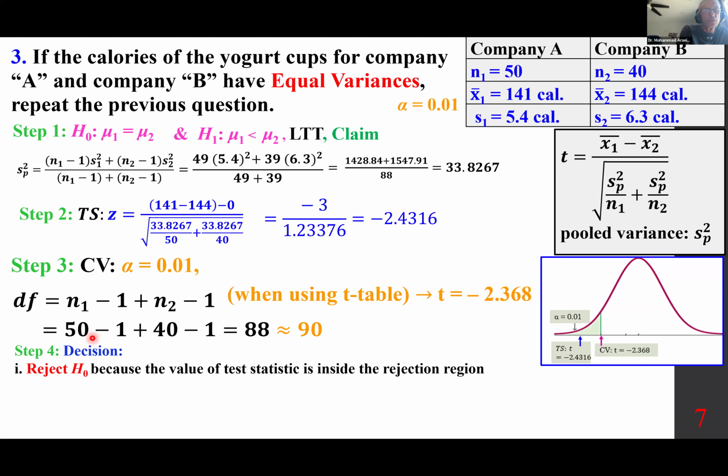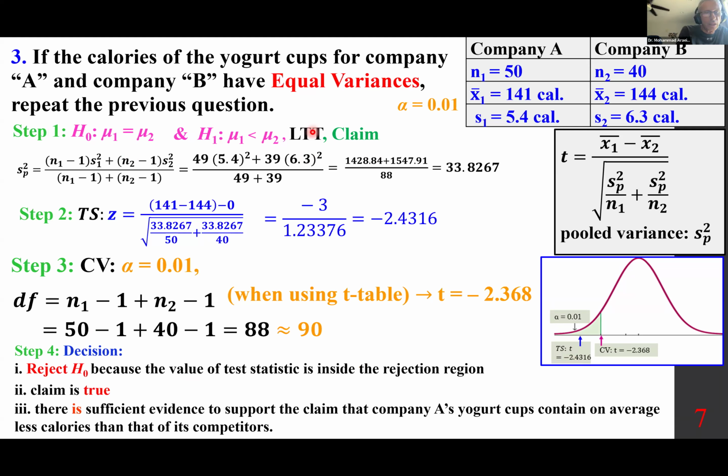So if we go back here, if we are rejecting H0, we are accepting H1, and the claim becomes true, and we restate. There is sufficient evidence to support the claim that Company A's yogurt cups contain, on average, fewer calories than that of its competitor. So that's how you restate the claim.